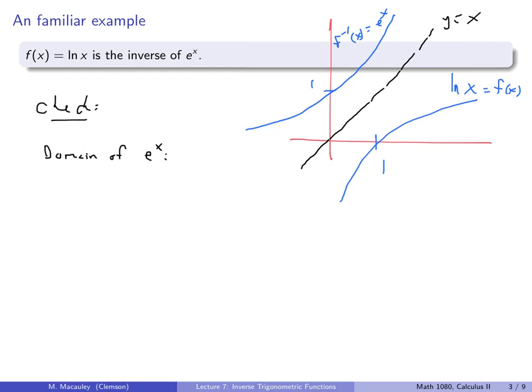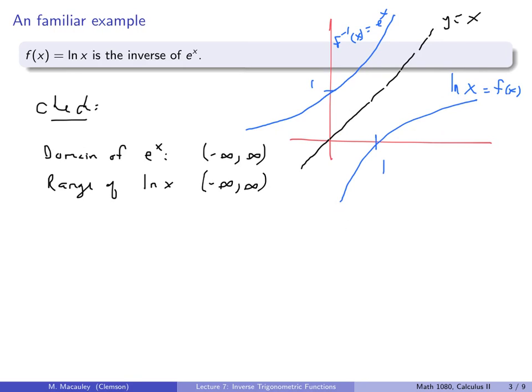So the domain of e to the x, the input, is everything. That's going to be negative infinity to positive infinity, and the range of the natural log of x, notice the output of the natural log can be anything in this direction, so that's the same thing, as it should be.